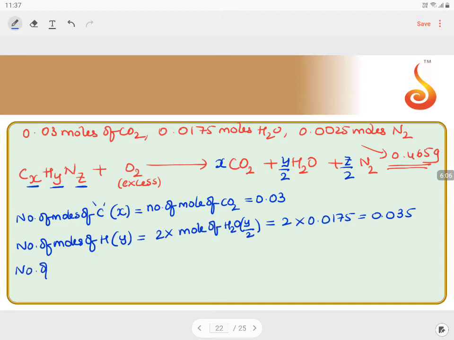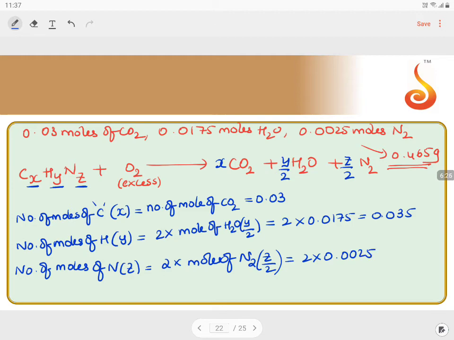The number of moles of nitrogen, which is z, is 2 times moles of N2, which is z by 2. 2 into z by 2 is z, so that means 2 times 0.0025, which comes to 0.005.